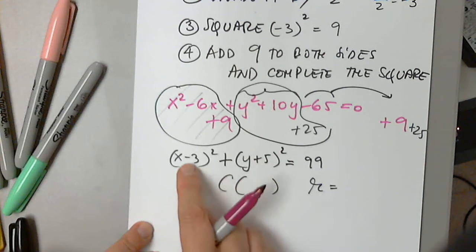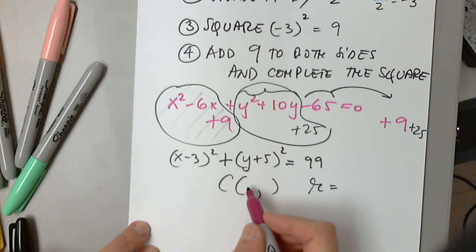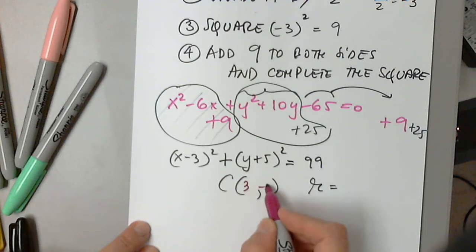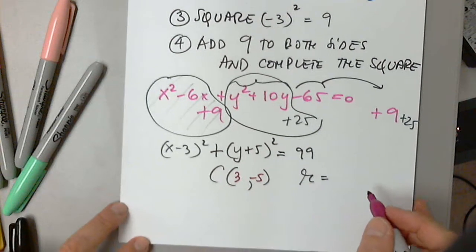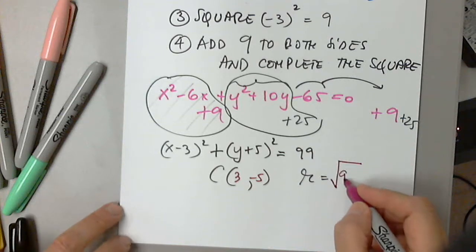Careful. One is negative here and the other one is positive. So the center is 3, -5, and the radius is square root of 99.